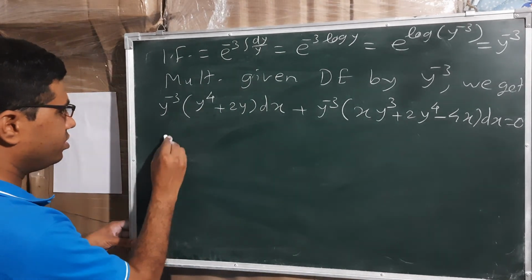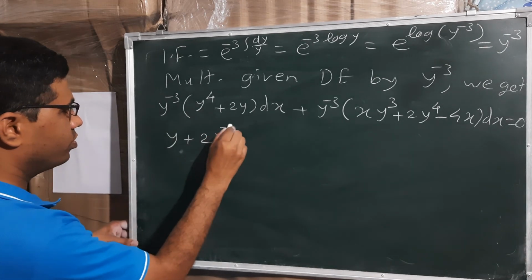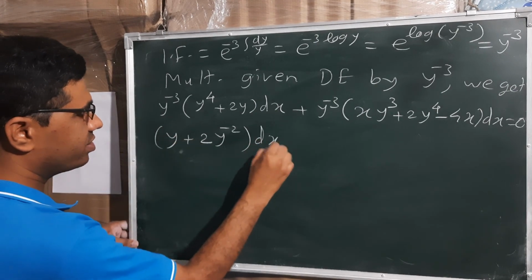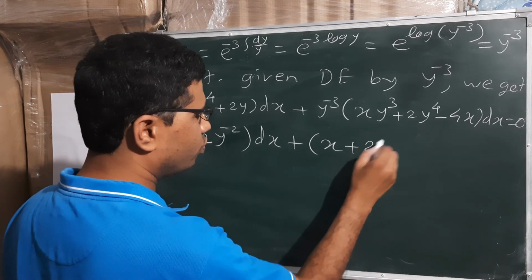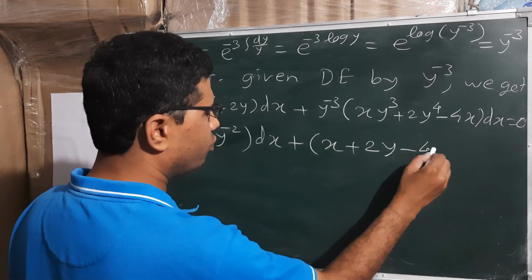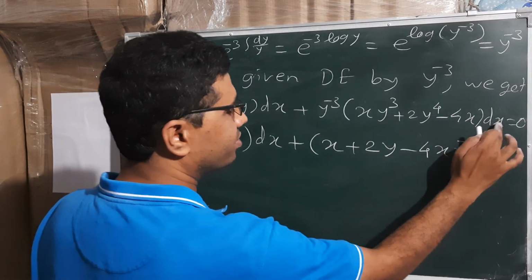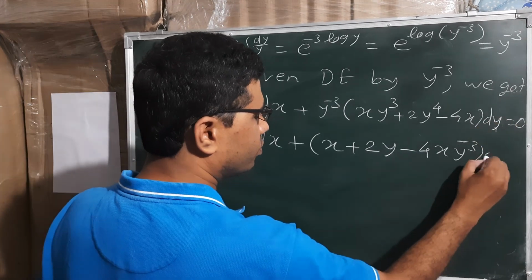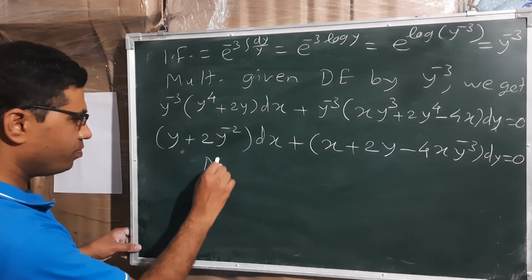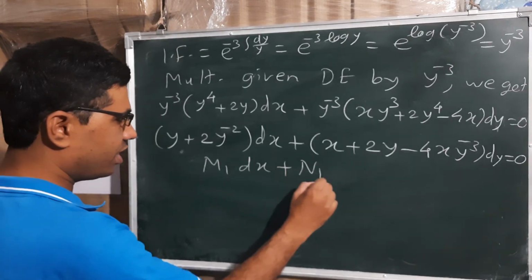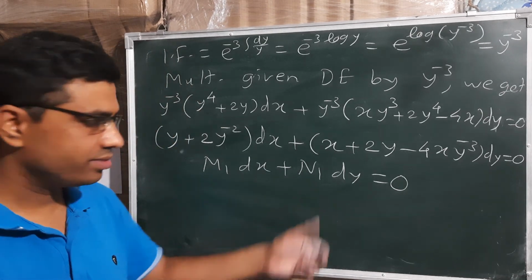So this is (y plus 2y raised to minus 2) dx plus (x plus 2y minus 4xy raised to minus 3) dy equal to 0. And this is of the form m1 dx plus n1 dy equal to 0. And we can verify that this is exact.